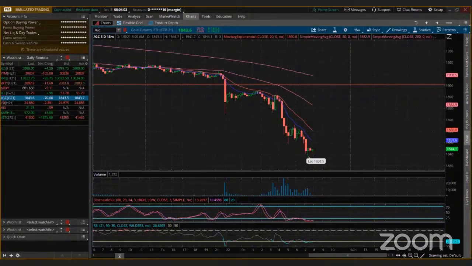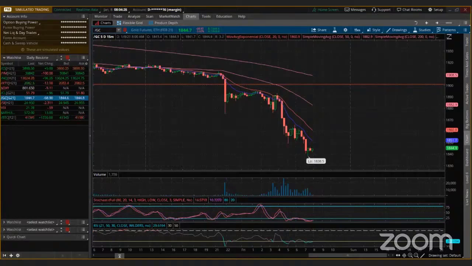What you're really seeing here is a technical event. Once it triggered underneath 1900, stop losses came into play, and that created a volatile condition coming into the cash open of the US, where the cash open continued following in the direction of the European open, and it just has not been able to find a support level since.